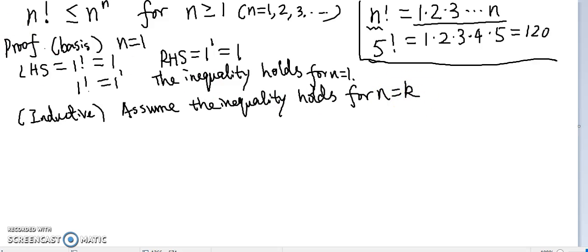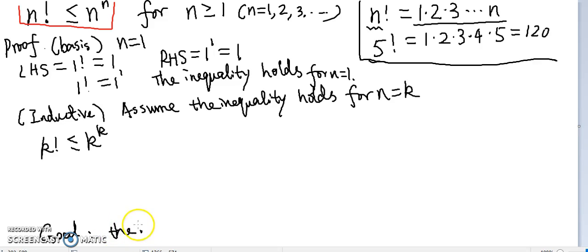In this case, we replace the letter n in the inequality with k. So we get k factorial less than or equal to k to the kth power. And we're going to see what we need to prove. Our goal is to prove the inequality holds for n equal to k plus 1.